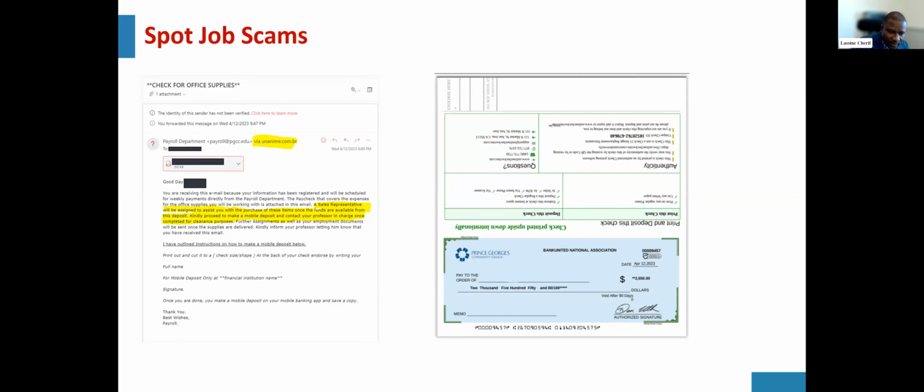They send you a check, they place the order for you, and they know the sales person to facilitate your transaction. Why can't they purchase the office supplies themselves directly? Why the transaction? Why do we have to send the check first? Right? So all those things are red flags.